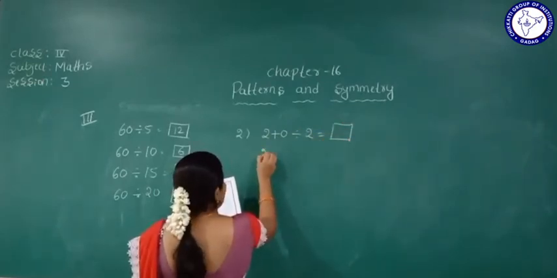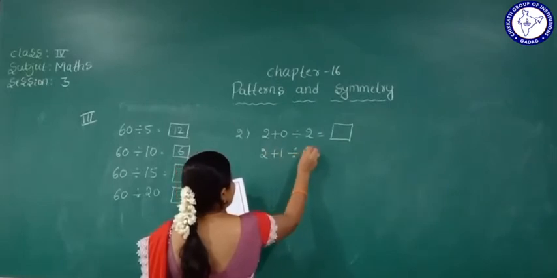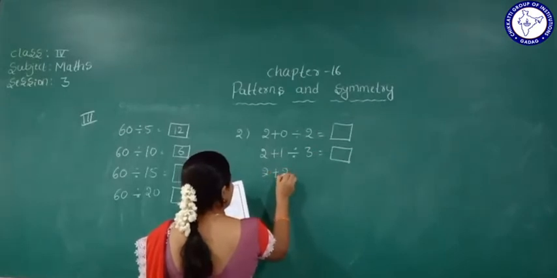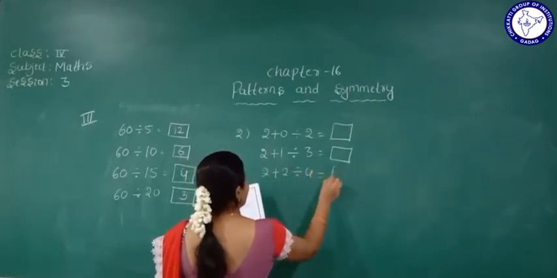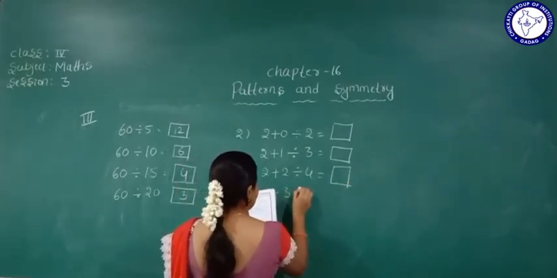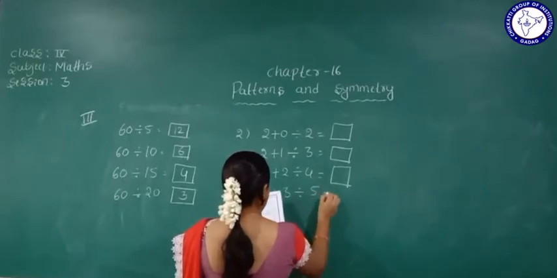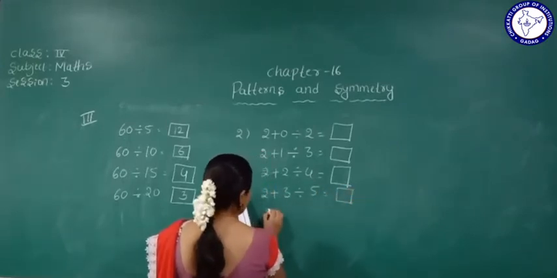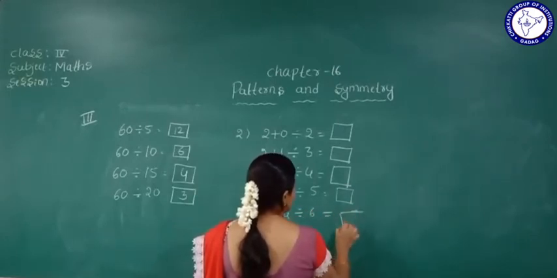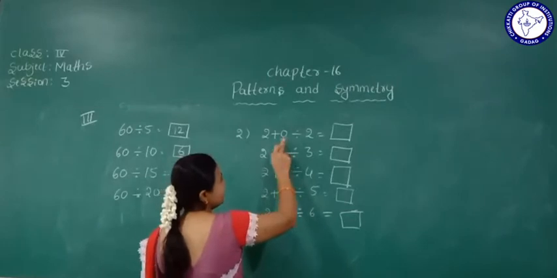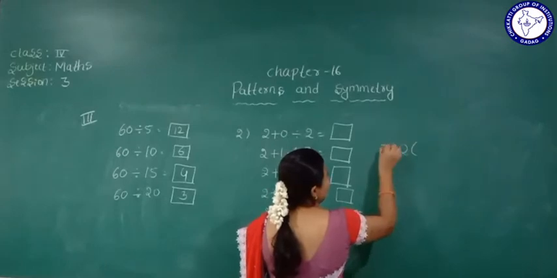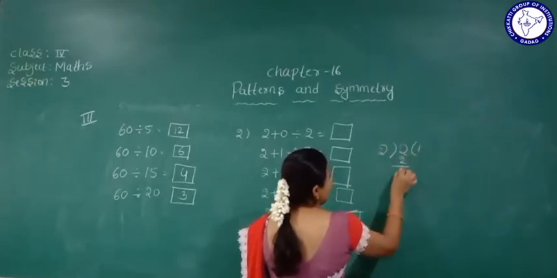Next, 2 plus 1 divided by 3 is equal to. 2 plus 2 divided by 4 is equal to. 2 plus 3 divided by 5 is equal to. 2 plus 4 divided by 6 is equal to. Yes, here see students, 2 plus 0 means 2 divided by 2 is how much? 2 1s are 2, answer how much comes here?